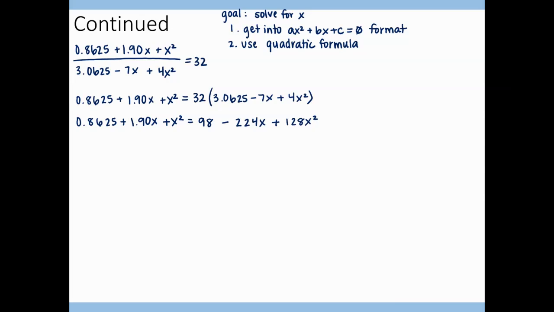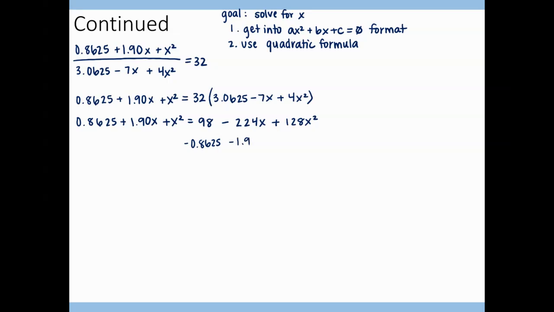We need to shift everything so that all of the combined terms are on one side of the equation and the other side is just 0. That will be the ax squared plus bx plus c format. To keep the x squared term positive, I'm going to subtract the left side from the right side. So I'm moving everything over to the right. We'll subtract 0.8625 from 98.